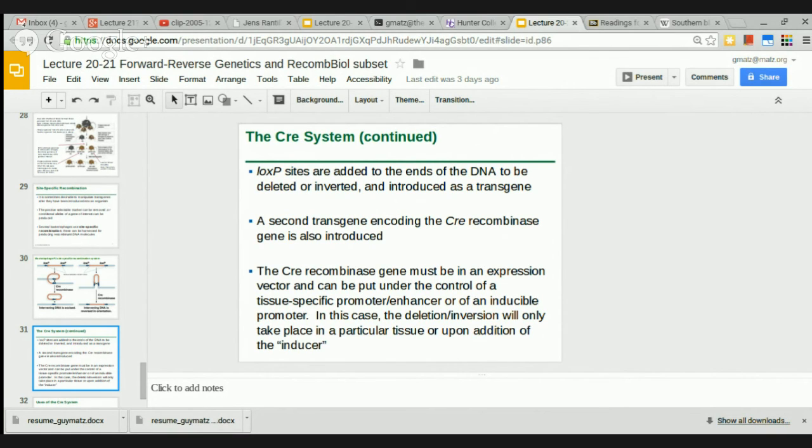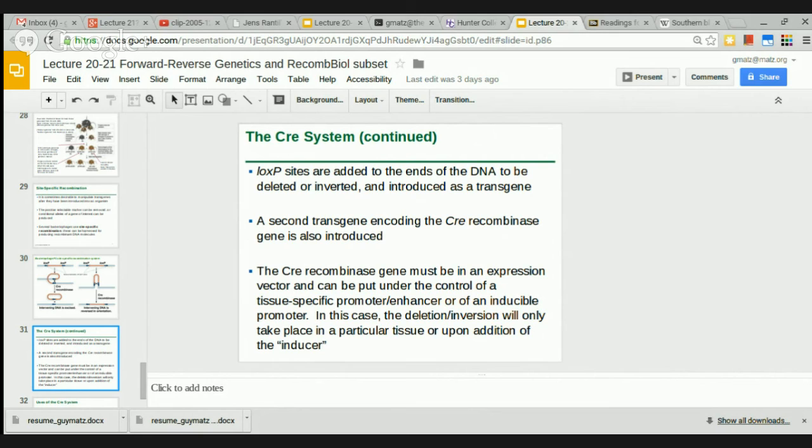But what's really cool is that you can put that gene under the control of a tissue-specific promoter enhancer, for example. So you can say, I only want Cre to turn on when B lymphocytes get to the stage of Ig secreting cells. And I want to see what happens if I delete immunoglobulin genes at that stage.